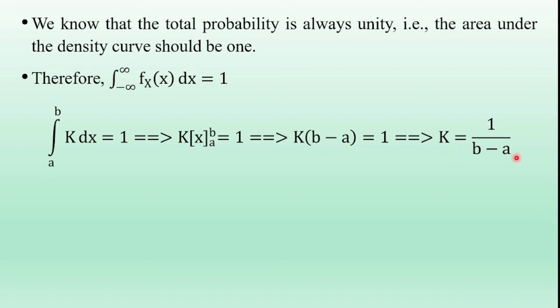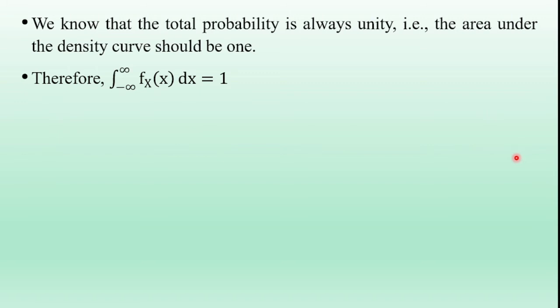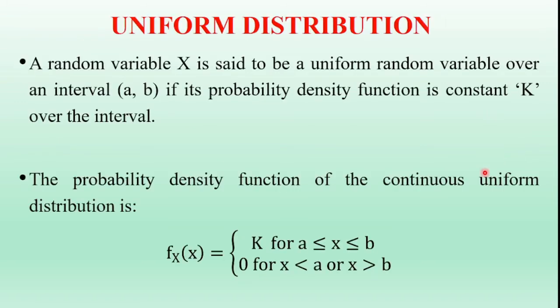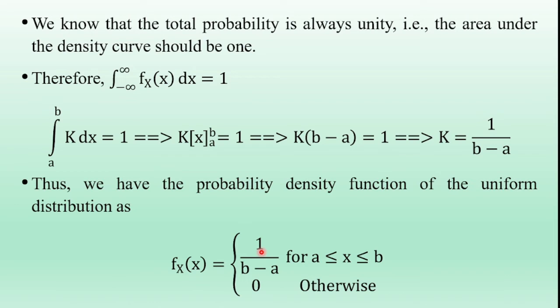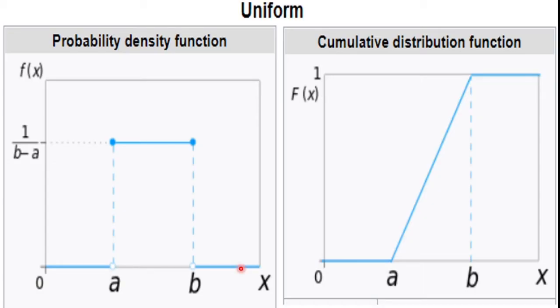Substituting this k value into the definition of the probability density function, we get the probability density function of the uniform distribution as f_X(x) equal to 1 by b minus a for the interval a to b, and otherwise the density function is 0. This mathematical definition we can observe on this graphical representation of the probability density function.